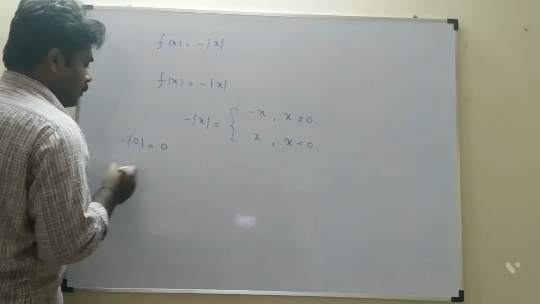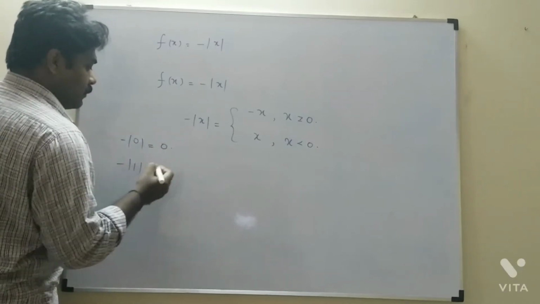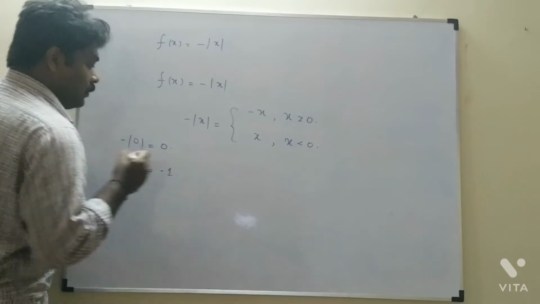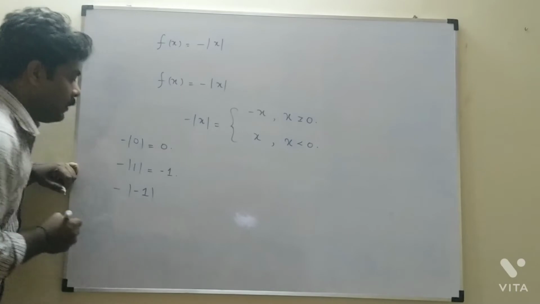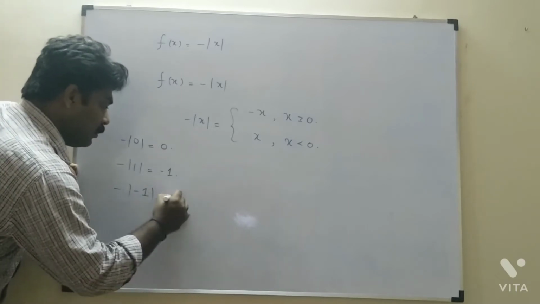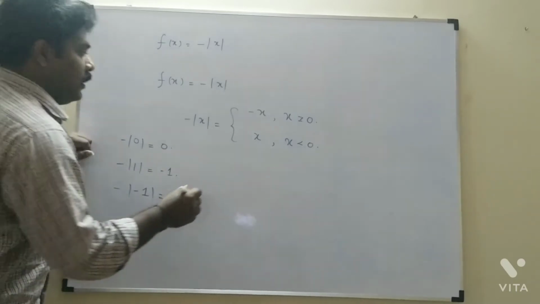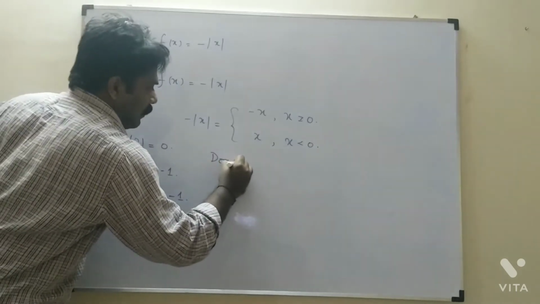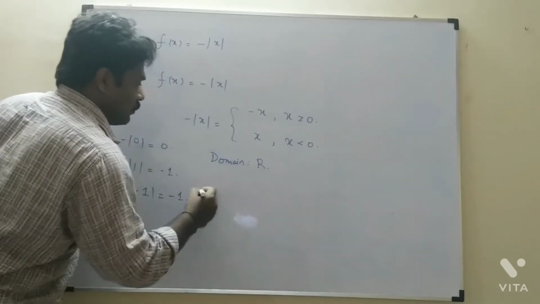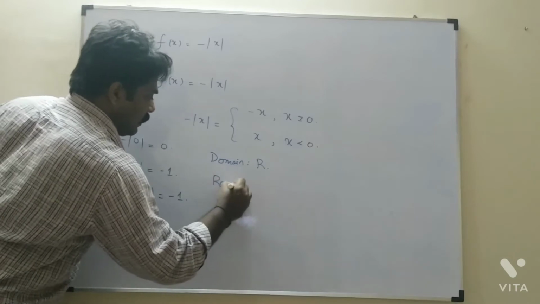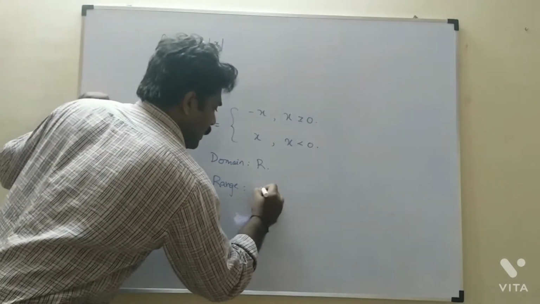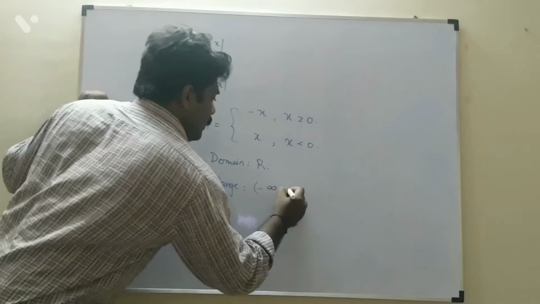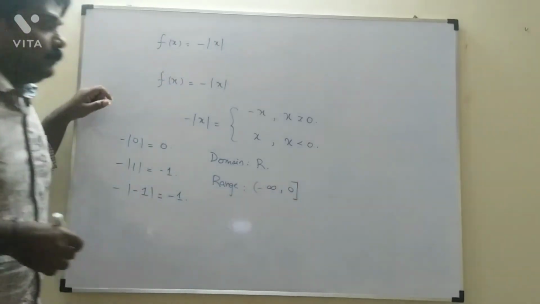So let us say, for example, let us take 0. So this would give me 0. Modulus of minus 1, it would give me minus 1. Let us say minus 1 now. So this will again give me minus 1. So here my domain would be all real values, whereas my range would be minus infinity in open interval to 0.